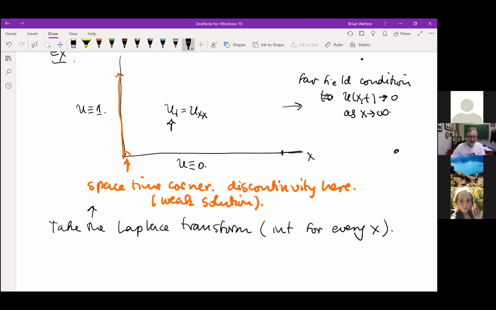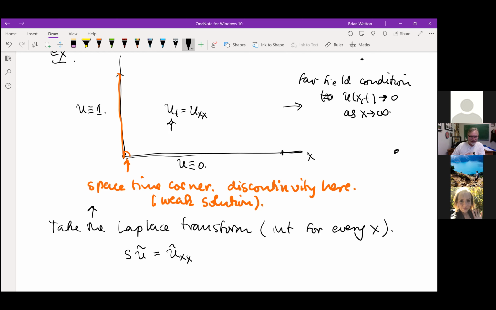When I take the Laplace transform, I'm going to get s times the Laplace transform minus the initial conditions, but they're all 0. So I'll get s times the Laplace transform. And then I'll get the transform's derivative in x. I'm assuming that the solution is smooth enough that I can do all of this. And you'll see that a sensible weak solution comes out. I'll say that in this course, that will be the justification for it.